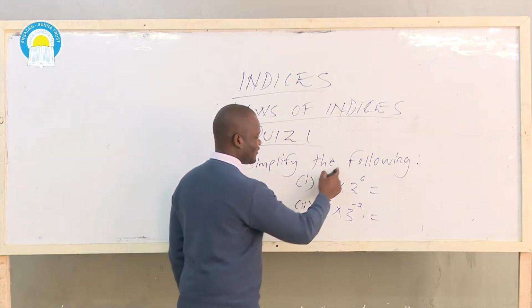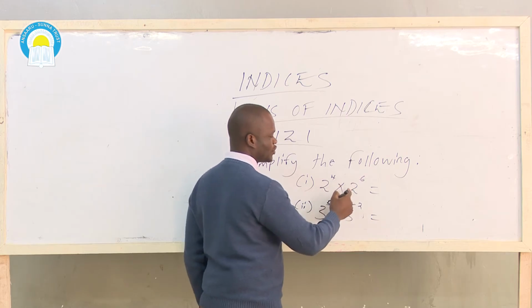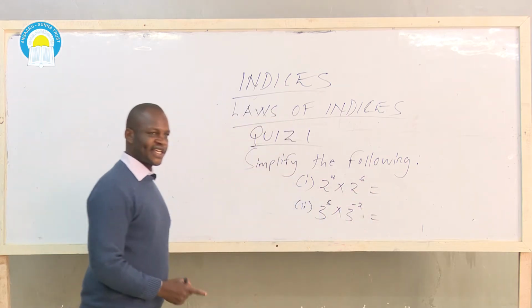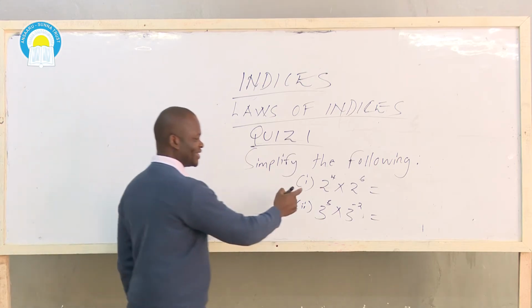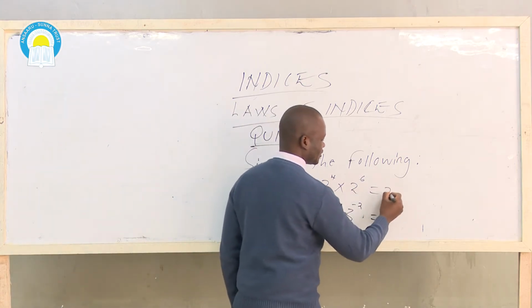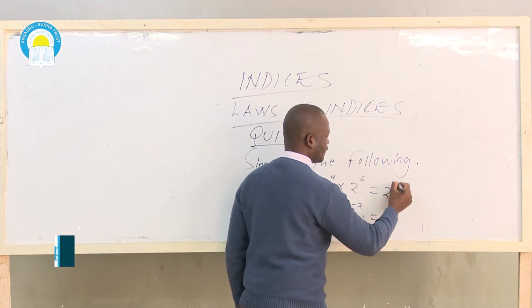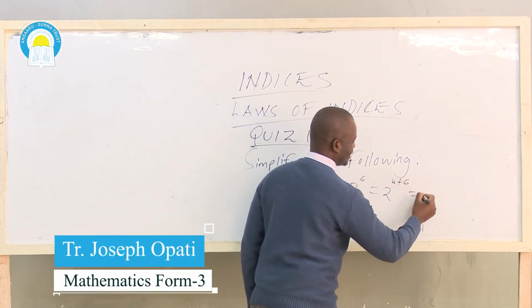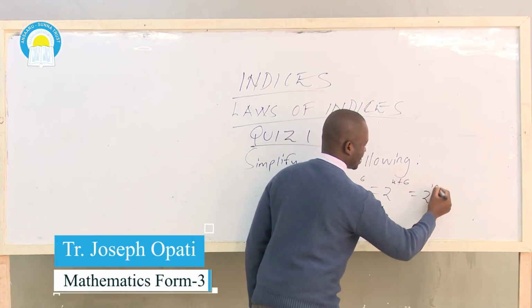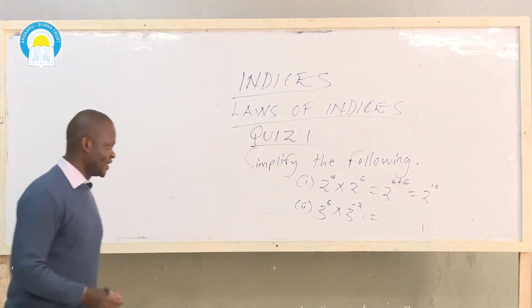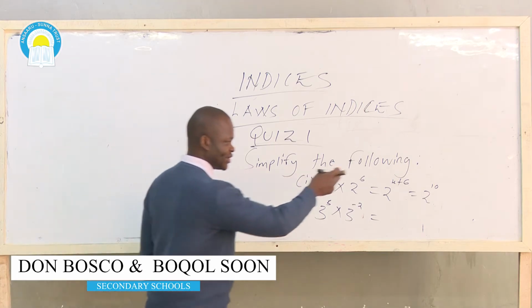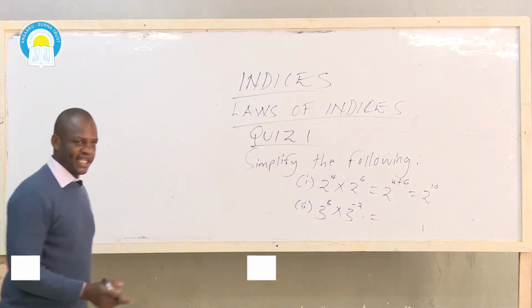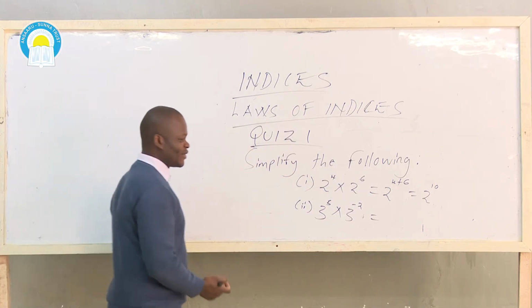So 2 power 4 times 2 power 6, we are saying the operation is multiplication, the bases are the same. So we get 2 power 4 plus 6. In the end, you end up with 2 power 10. Of course, assuming the requirement was that you leave your answer in index form.